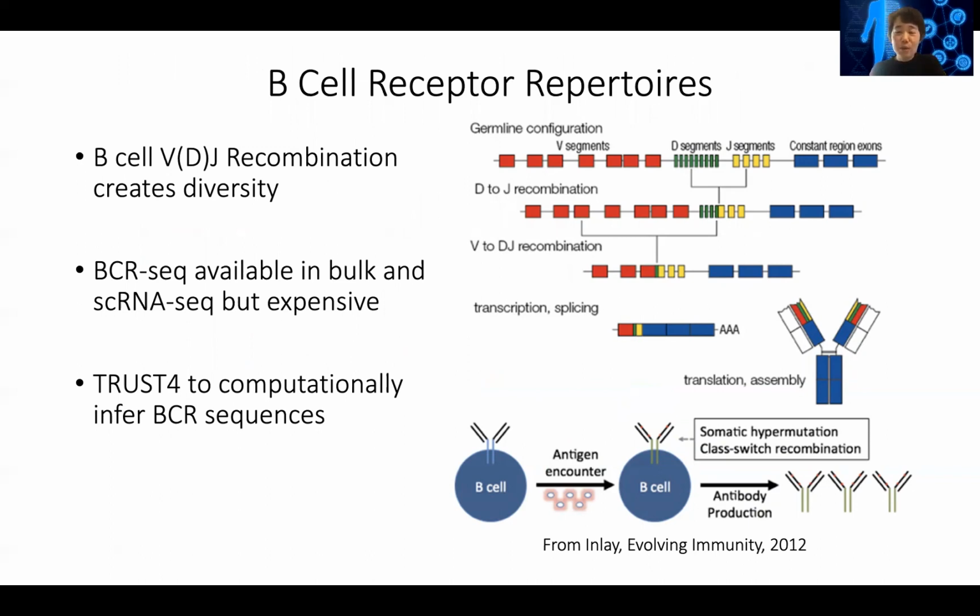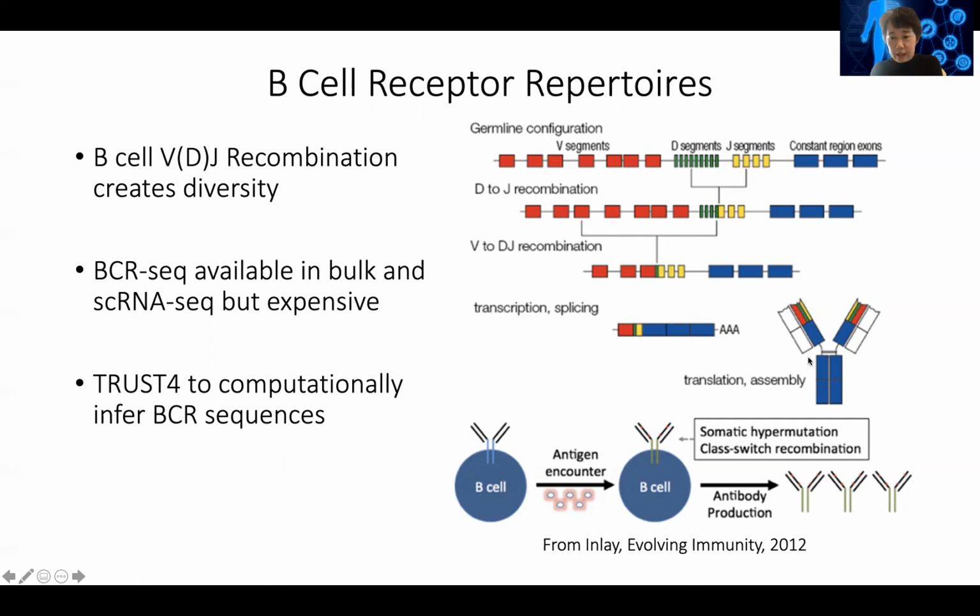We can also use the TRUST algorithm to get B cell receptor repertoires from the tumor RNA-seq. This is similar to TCR. You can see here the B cell receptor gene segment with a whole bunch of V, a bunch of D, and a bunch of J. From VDJ recombination, one V, one D, and one J will be combined together, and the closest one will make a productive B cell receptor.